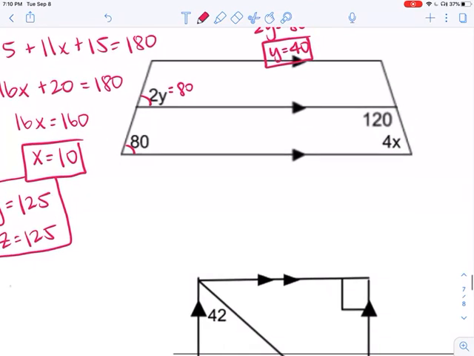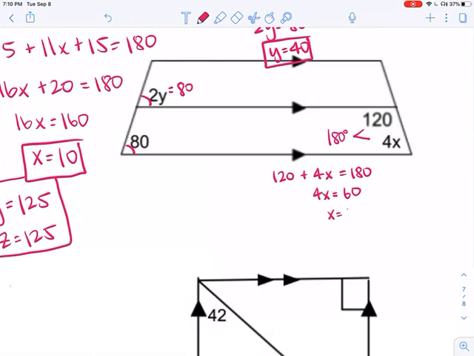And over here, I have same side interior angles, which will combine to give me 180, because if lines are parallel, then same side interior angles are supplementary. So 120 plus 4x is equal to 180, and 4x is going to be equal to 60, so x is equal to 15.